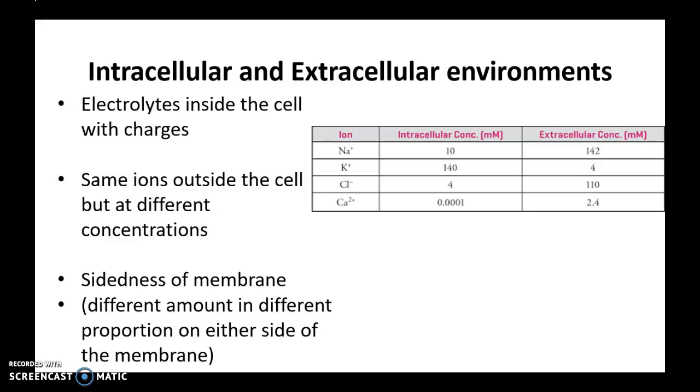We do notice that sodium is more abundant in the extracellular environment. Chloride, same thing. It's more abundant in the extracellular environment, and same is true for calcium. We have more calcium outside the cell. The only exception is potassium. We have more potassium inside the cell as compared to outside.